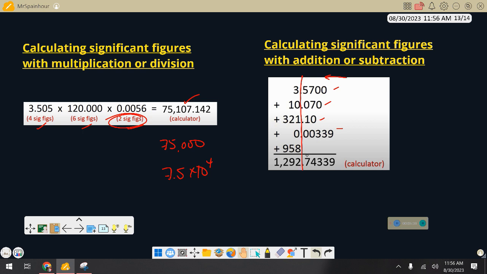Now, I'm going to round this. You'll notice this is a complete calculation. I'm going to round to 1,293. Note something interesting here, that I can actually end with more significant figures, in this case 4, than the lowest number. This one had 3. That's entirely possible on addition and subtraction.